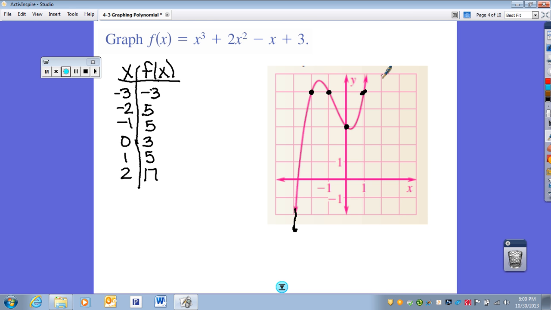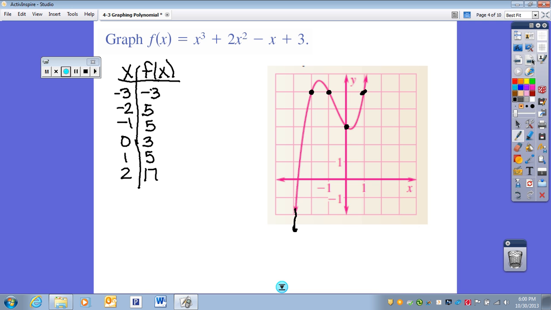So now we need to talk about the end behavior of a cubic function. Notice what happens on a cubic function where our leading coefficient is a positive number. When our x values go to -infinity, our y values, or f of x, also go down to -infinity. And when our x values go infinitely to the right, or positive infinity, our y values also do that as well.